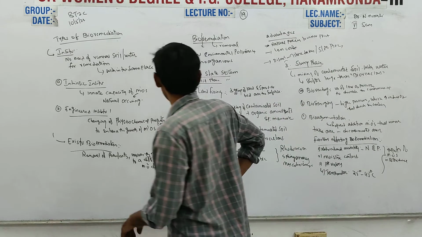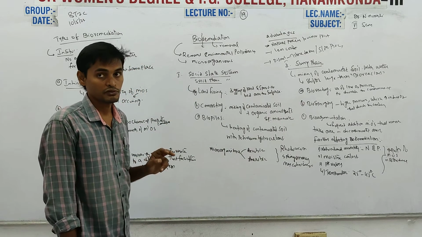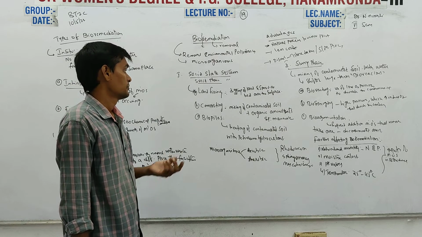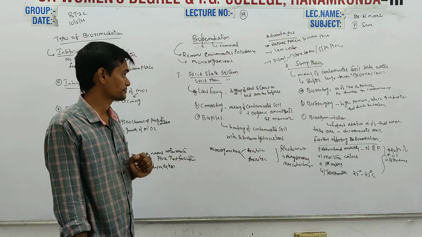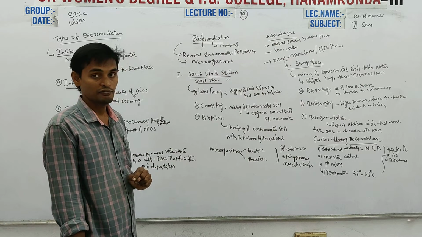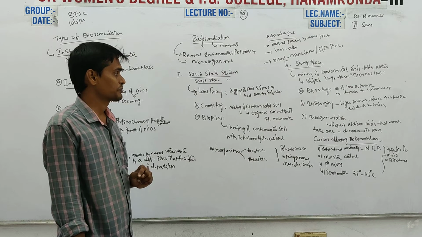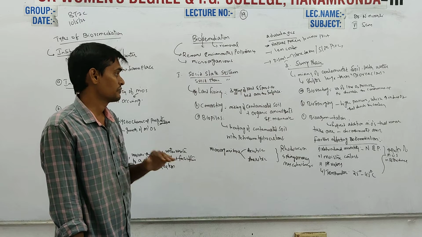One is the solid phase system, which is mostly for soil contaminants and includes landfilling, composting and biopiles. Landfilling is digging land and spreading the waste as a bed over the surface of the land.